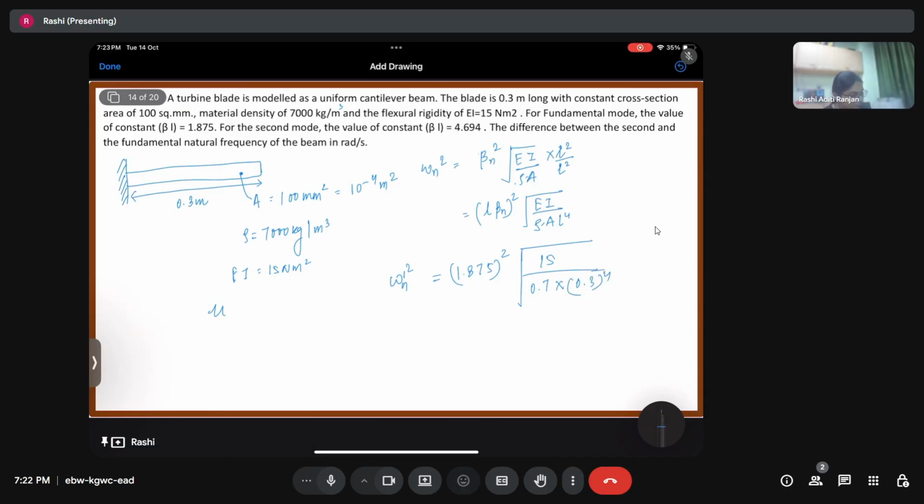Okay, so this is going to give the value of omega 1, there's no square over here, it is omega 1 only, and omega 1 is given as 180.82 radians per second.